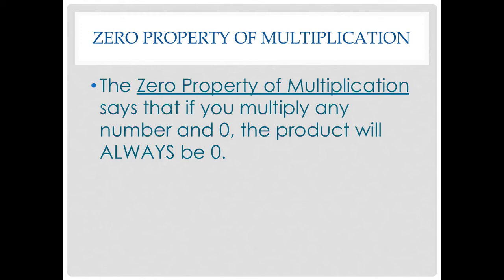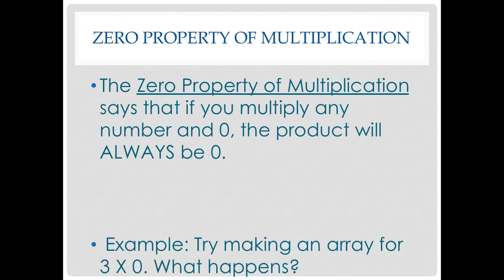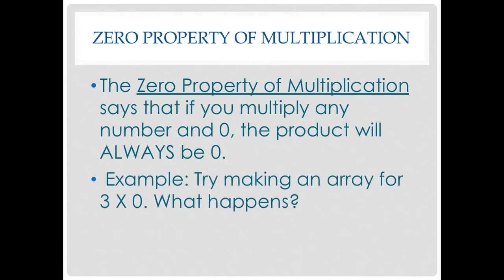So now let's look at the zero property. When you multiply any number in the whole entire world by 0, your product will always be 0. You have 3 friends. You give them each 0 cupcakes. How many cupcakes did you give away? 0.